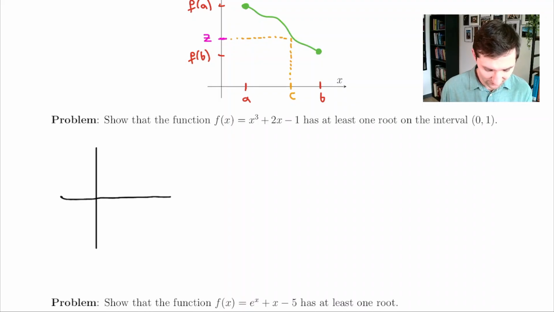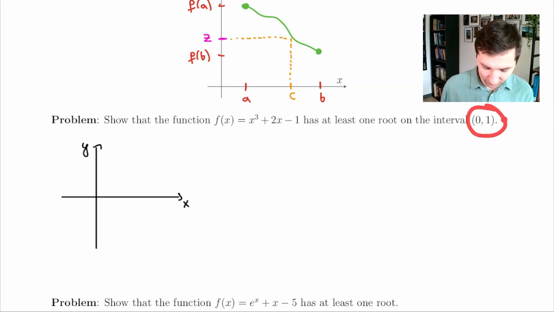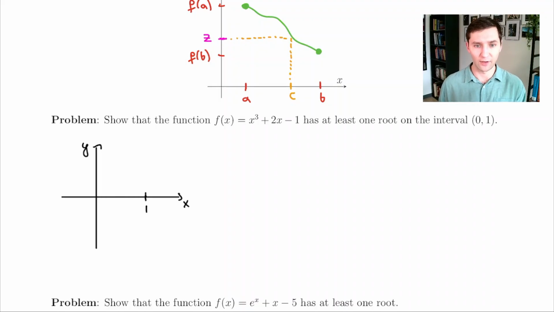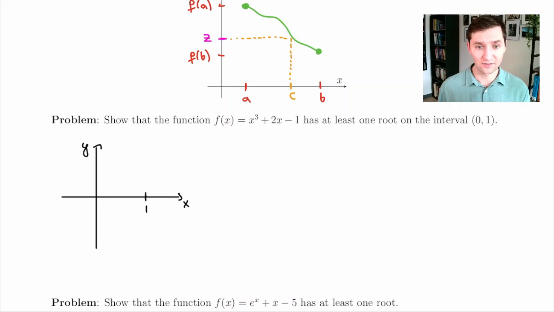I add the y-axis and I add the x-axis. I am interested in the interval between 0 and 1. So I have an interval from 0 to 1. Now the function f of x is a continuous function. It is a polynomial, so the intermediate value theorem applies.